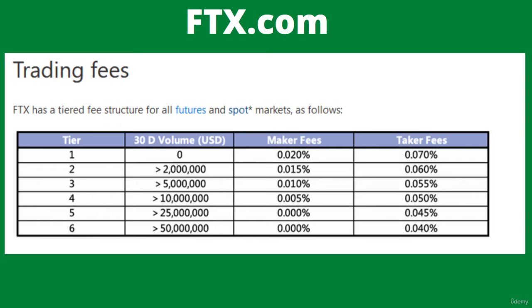So here's where things get pretty crazy. This is FTX.com's trading fees. Remember Binance, which we just went over? It was 0.1% for the maker fees for the lowest volume. With FTX, you're already starting with 0.02. Let me go back a slide to show you what you would need on Binance to get 0.02 fees, and you will be pretty surprised.